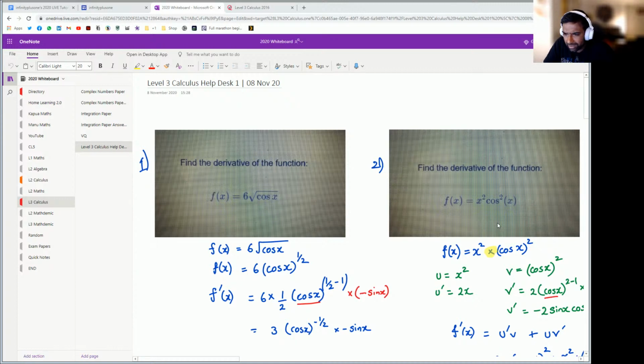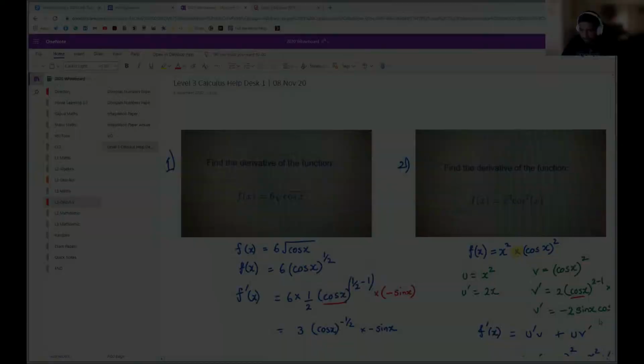And the previous year, I think it was differentiation that was really nice. I can't remember now. Anyway, Salty, practice as many papers as possible, man. I think that's the best way to go about doing these exams.